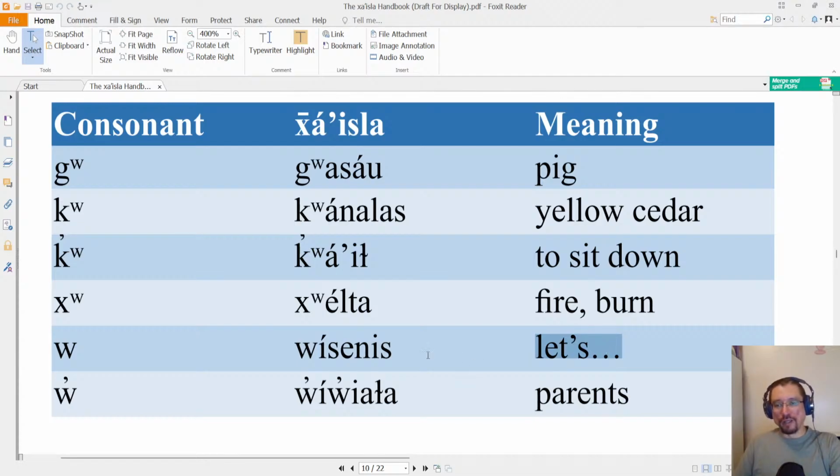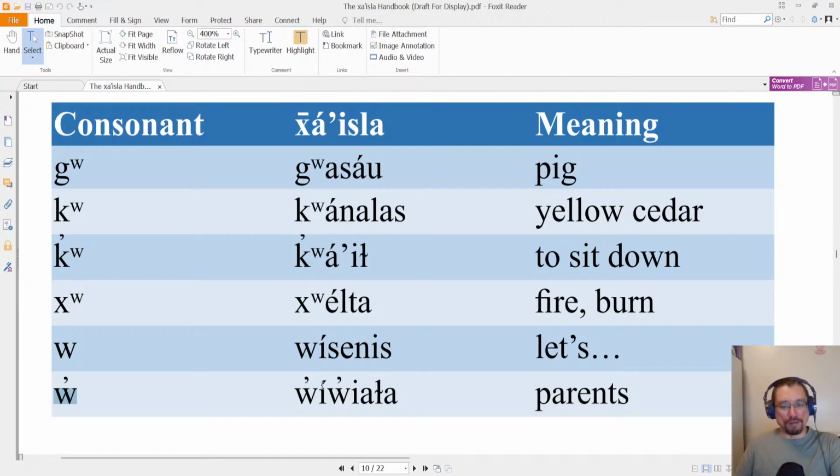So if you say xa'isla xa'isla kiala, that means let's speak xa'isla. Or xa'isla hana, let's sing. Xa'isla hamsa, let's eat. So those are some examples that you might hear using the word xa'isla. It means let's, and then do whatever is added to the end of it.